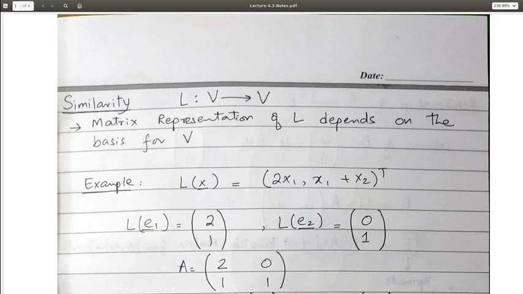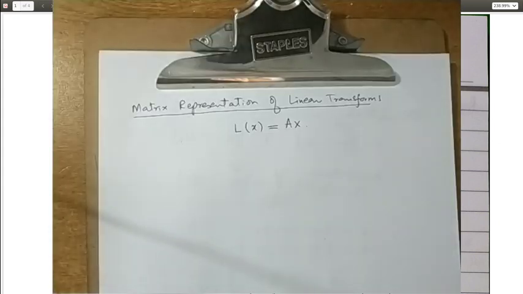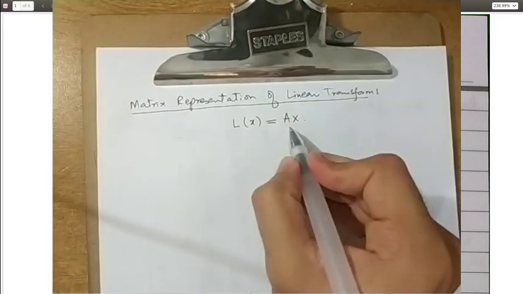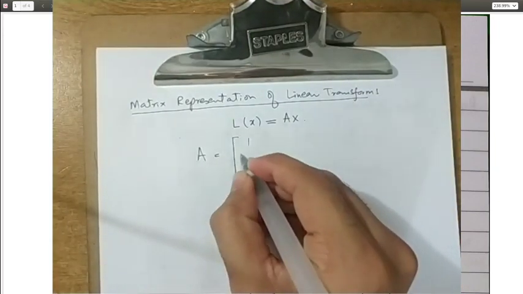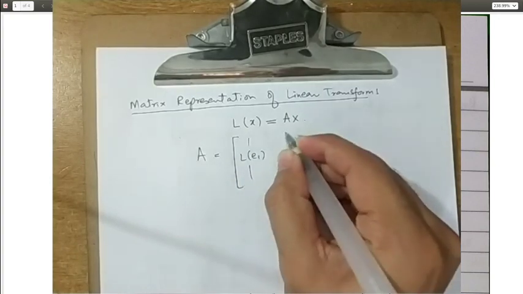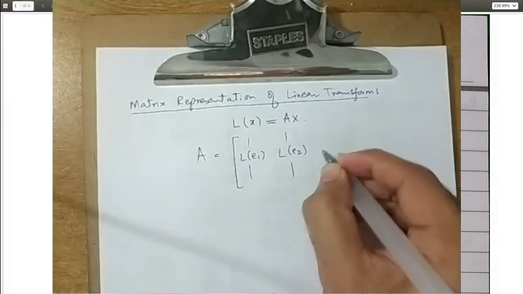So, for example, if I'm working with the standard basis, then this matrix A will simply be L(E1), L(E2), and so on.